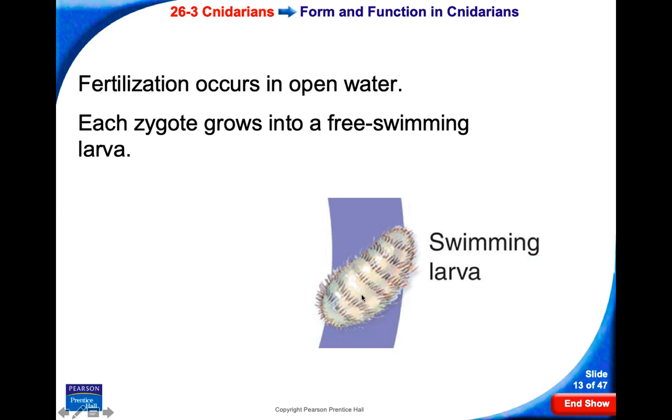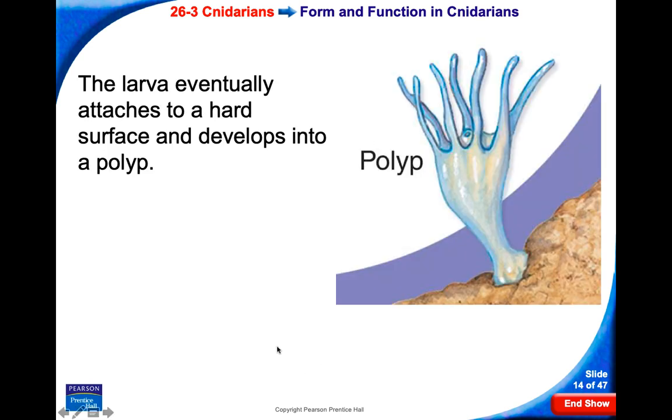But these swimming larvae are going to swim around in this young stage, and eventually that swimming larva, next slide, will get to some sort of surface where it can anchor itself. And when it anchors itself, it won't move anymore from that point on. So it develops into a polyp. And there you go. You start back at the beginning again.